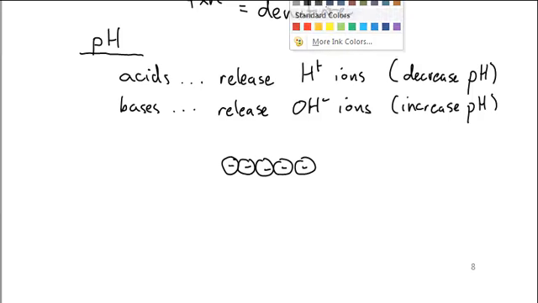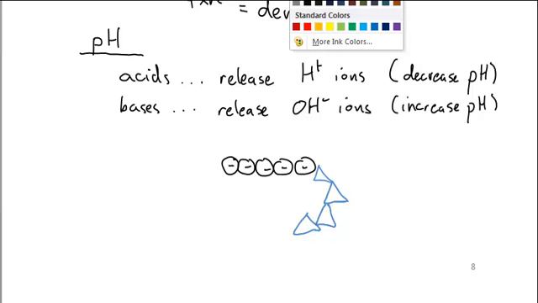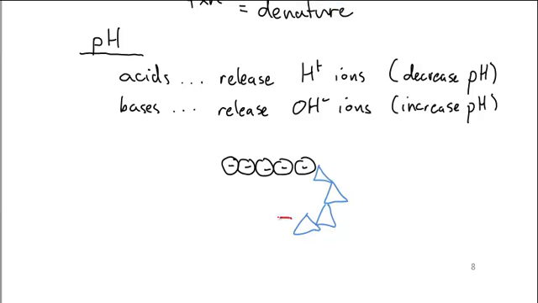And then maybe it has some amino acids with slightly different R groups. And then maybe it has a bunch of amino acids that have positive R groups, and these positive ones are going to fold back in an effort to bond with the negatives, and that's going to influence the three-dimensional structure of the protein.